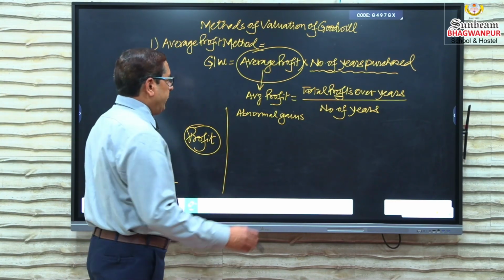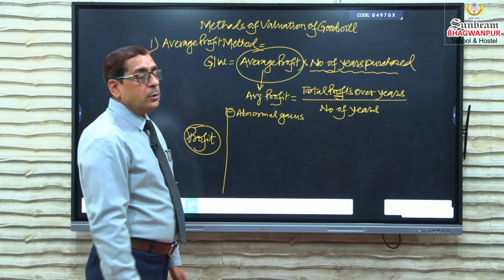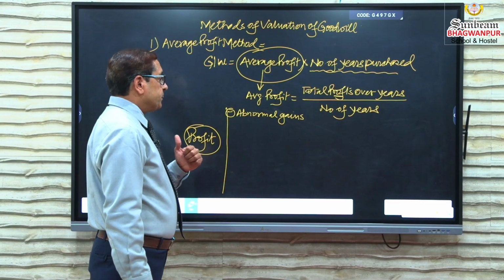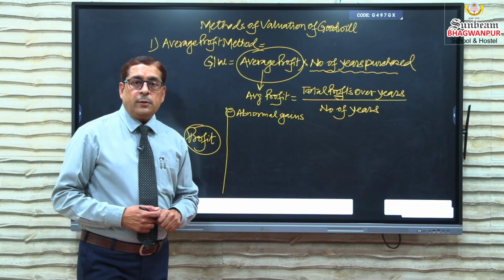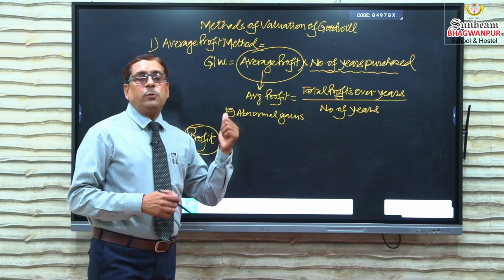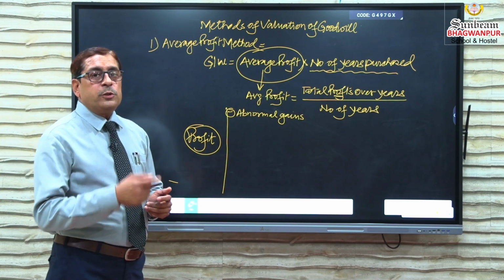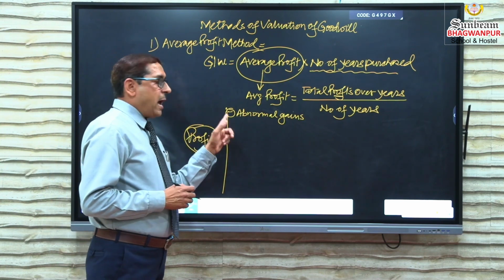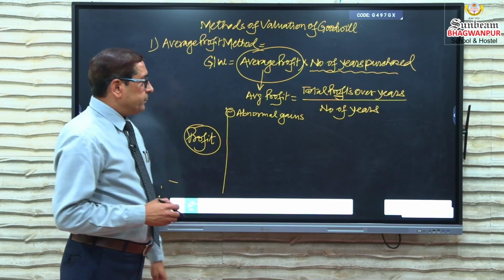This abnormal gain is to be deducted to find out correct normal profit. Why are we deducting this abnormal gain? Because of this abnormal gain, profit of that particular year has increased. So just to make it normal, we deduct this abnormal gain from that particular year's profit.